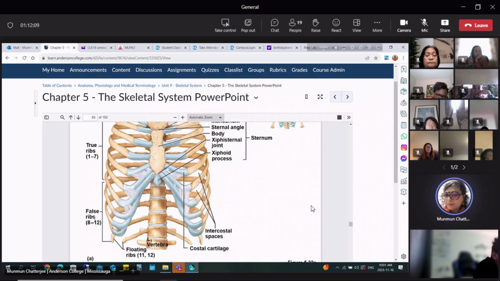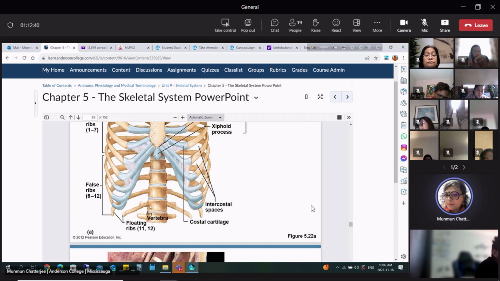We have 5 false ribs because these are not connected directly to the sternum. They are connected one by one serially. So rib 8 is connected with rib 7, then 9, 10, 11, 12. They are connected to each other with hyaline cartilage. So that's why they are called the false ribs.